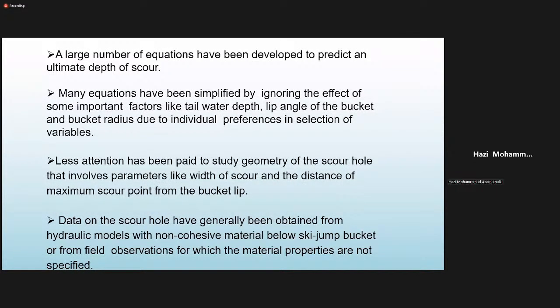There are a large number of equations to estimate ultimate scour depth. Many equations simply ignore the effect of some impact factors, as I just told you. Damle and Vischer considered only two input variables.